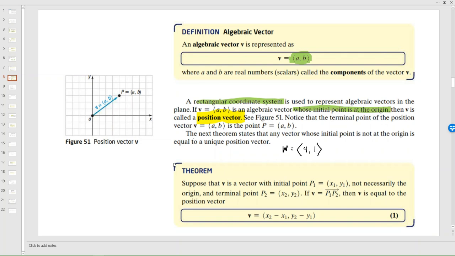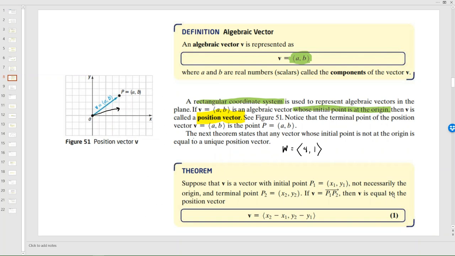Okay, these little symbols, instead of the parentheses that we're used to, indicate that this is an algebraic vector, and I can tell that if I go over 4 and up 1, this is the vector I've described. Okay, this turns out to be really handy.